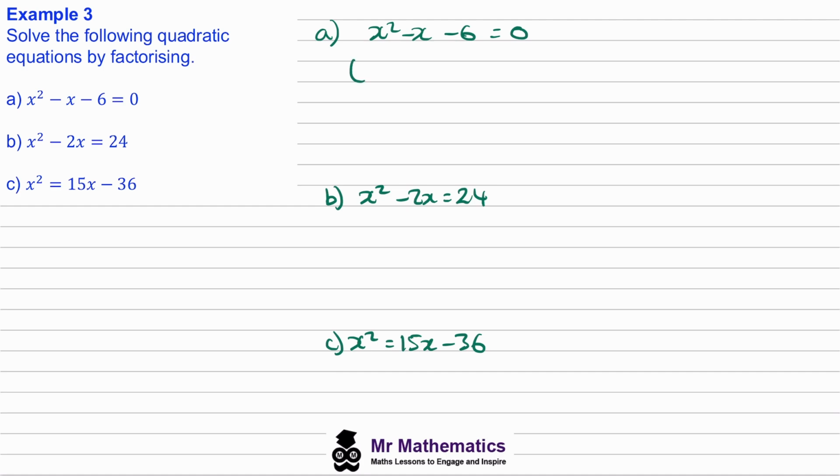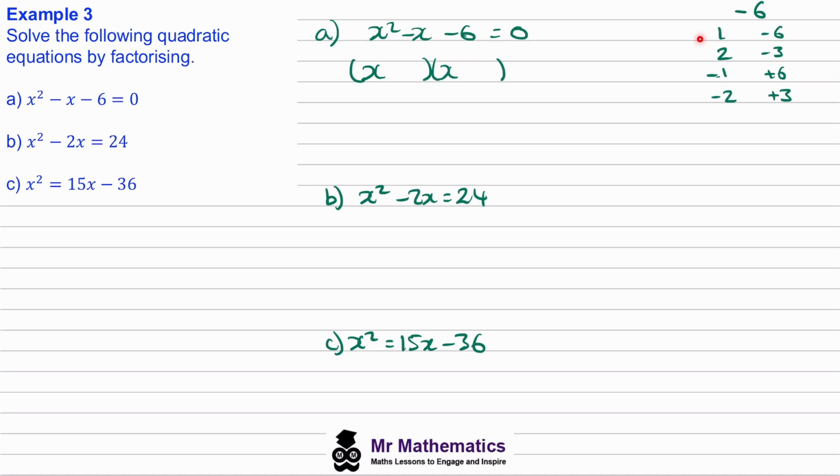So for question A, we'll have our two brackets, and we need two numbers that multiply to make the negative 6. This is 1 and negative 6, 2 and negative 3, or we could have negative 1 and positive 6, negative 2 and positive 3.